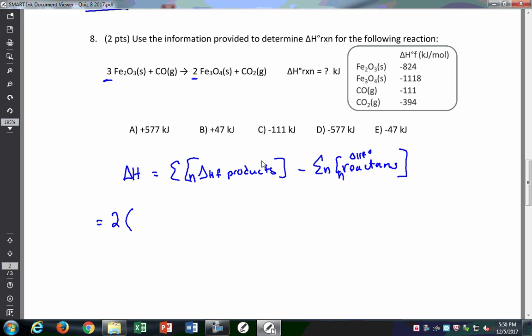It's going to be 2 times Fe3O4, heat of formation, plus 1, I don't have to put the 1, I'm just putting it right now for this description, CO2, heat of formation, minus, I like to put this in brackets so I don't make a mistake with my signs, 3 times my reactants.